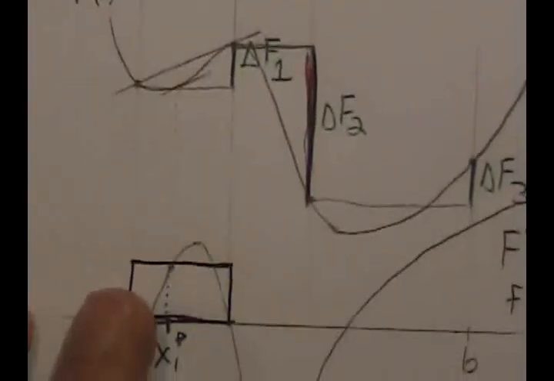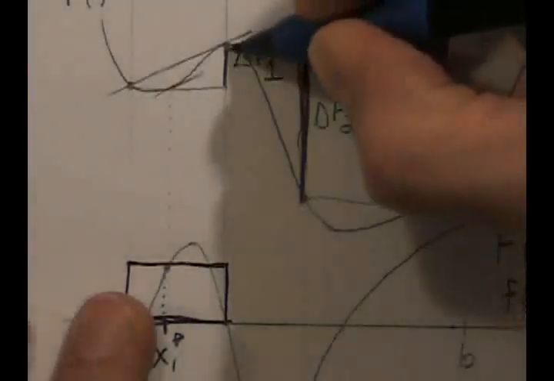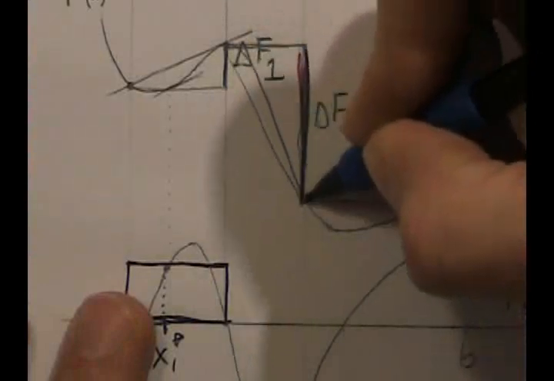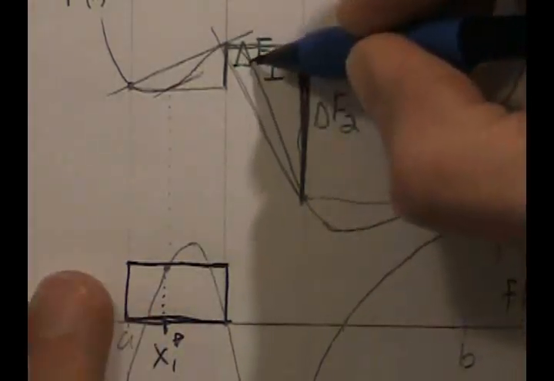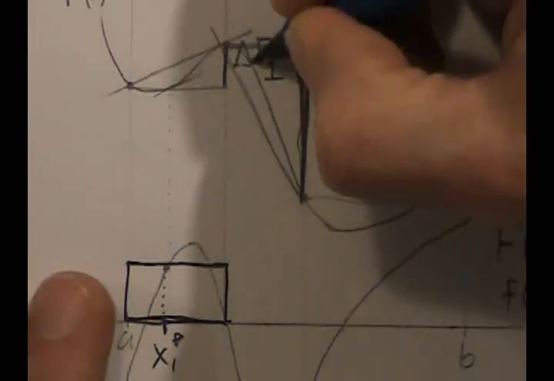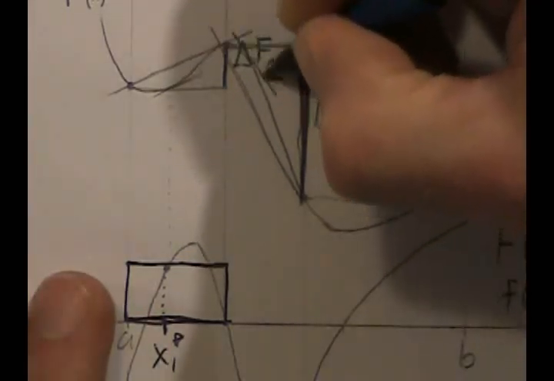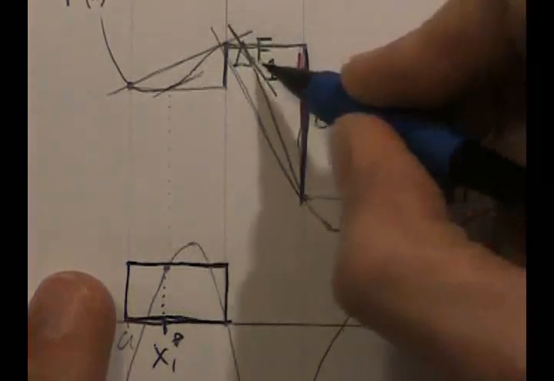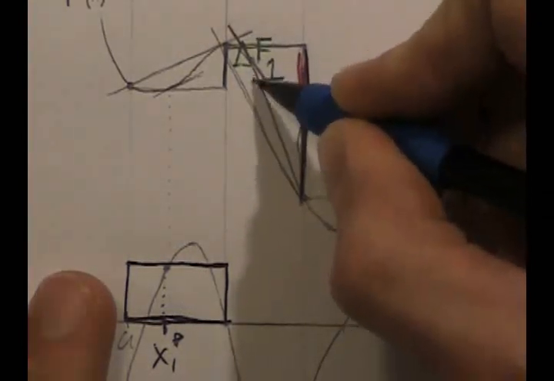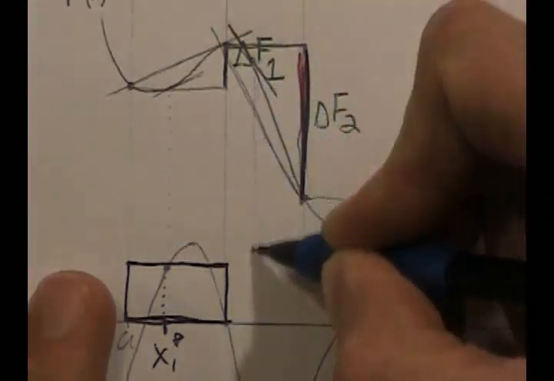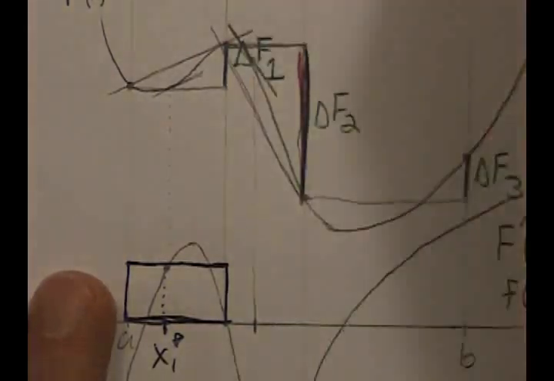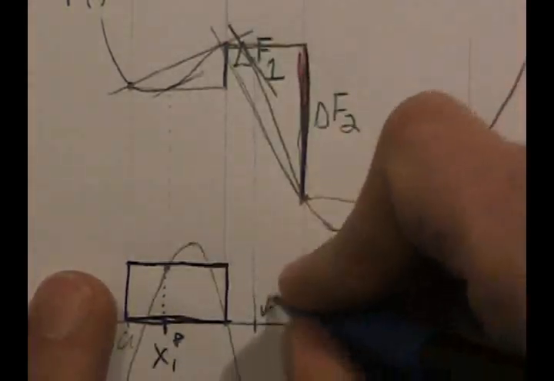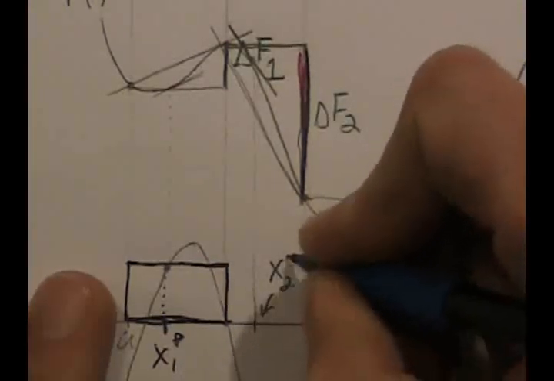If I draw my secant line to the function, it looks like it occurs right about here. I know it's a little bit sloppy, but it looks like the tangent is parallel right about there. If I follow that down, this number right there is my x2 star.